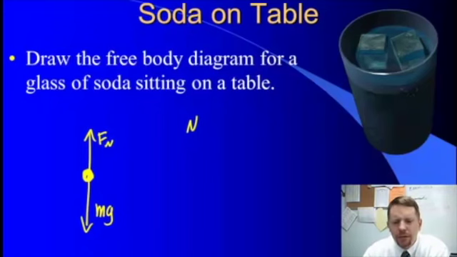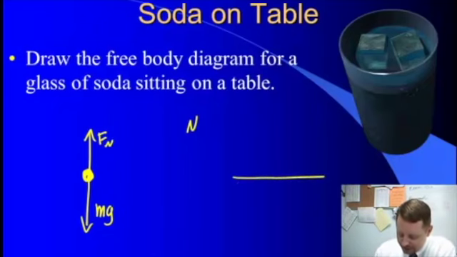What the normal force is, it's a force from the table. As the glass is pushing down, the table bends just a little bit, and almost like a spring it pushes back up to balance that. And they call it normal, not because it's not weird or not strange, but because normal is a geometry term meaning 90 degrees.